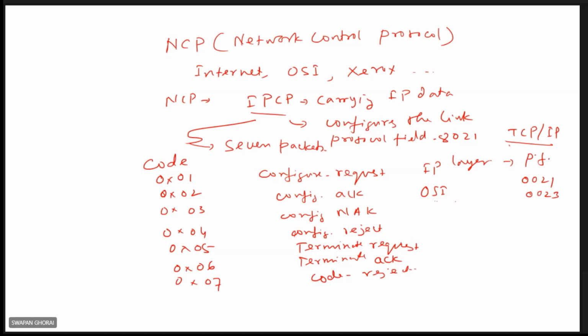Since we were discussing the data link layer protocols, PPP is a data link layer protocol, but it can also carry data from the network layer through NCP protocols.